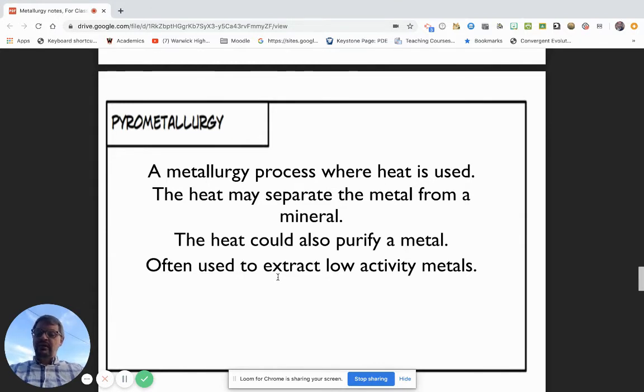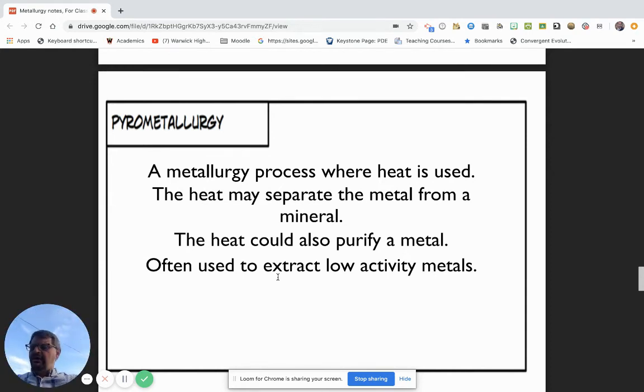Okay? And the reason why is that if a metal is low on that activity series, and not very active, you may often find the metal in its pure form in nature, or in little pieces of its pure form. So by heating the rock that the metal is in, you can simply melt the desired metal, and then it'll just flow out of the rock, for instance.